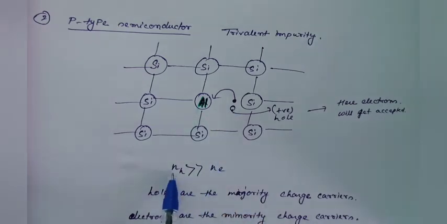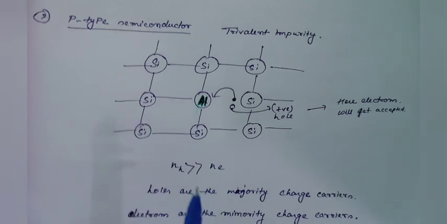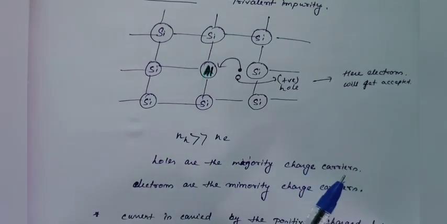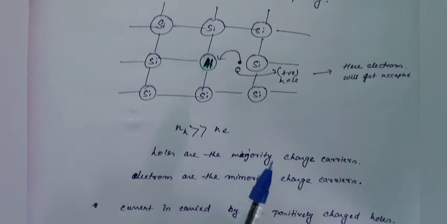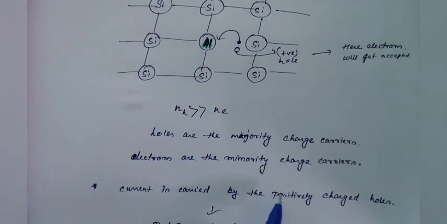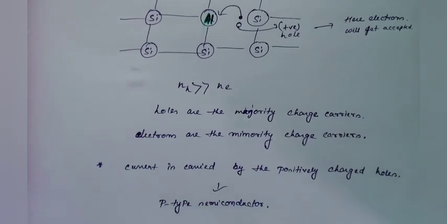Here the number of holes is very much greater than the number of electrons, because holes are due to the impurity and temperature, and electrons are only due to the temperature. So here holes are the majority charge carriers and electrons are the minority charge carriers. As the current is carried by the positively charged holes, it is named a p-type semiconductor.